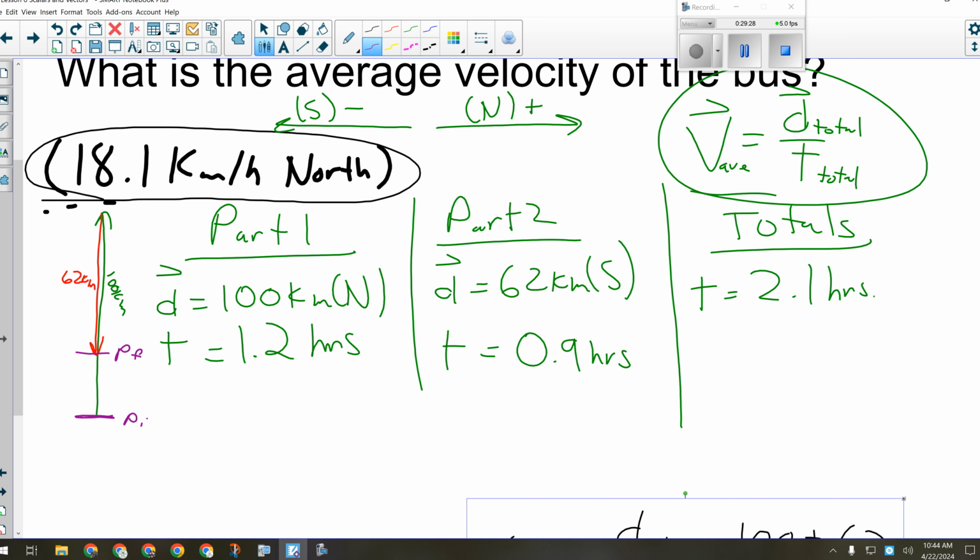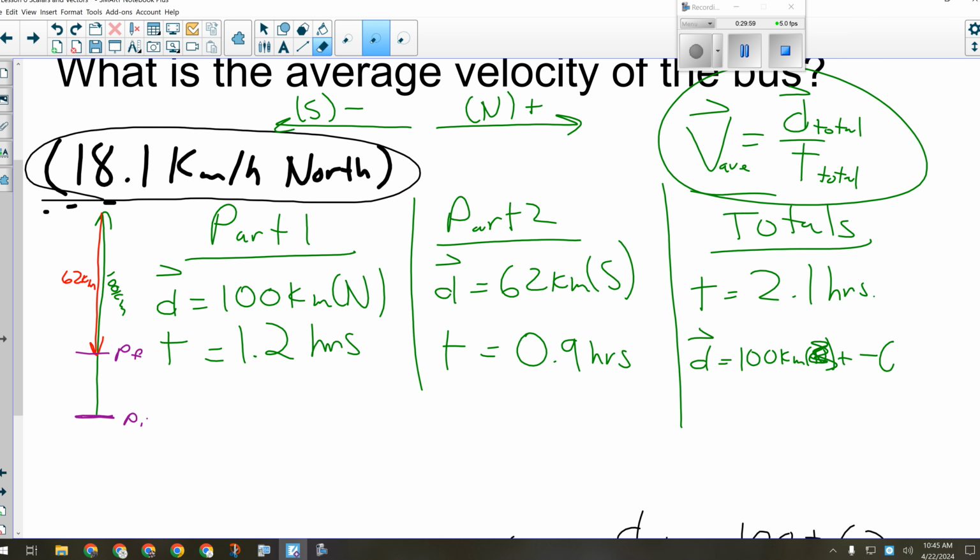Adding. Okay, but one of these is north and the other is south. That's why I assigned negative to south. When I calculate my total displacement, I'm going to go 100 kilometers north plus negative 62 kilometers. In fact, I won't even put the north in there.